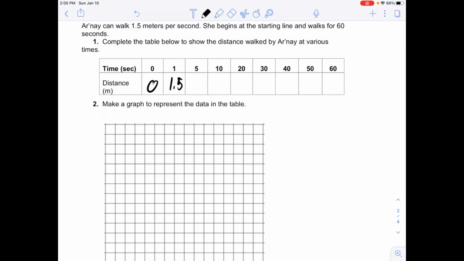All right, so for the rest of these, I'm just going to be multiplying each number on the top of the table each time by 1.5. So 5 seconds, she can walk 1.5 meters each second. 5 times 1.5 is 7.5.